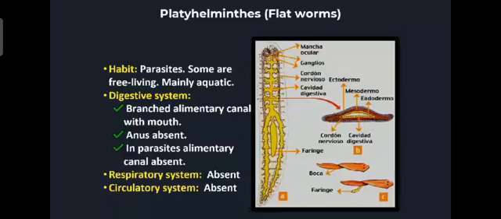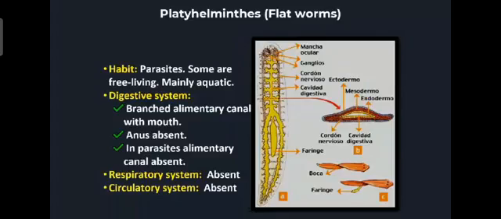Then in parasitic forms, the alimentary canal is absent. Alimentary canal is absent means no digestive system is there if they are parasites. Why? Because they absorb the nutrients or food material from the host directly through their body surface.